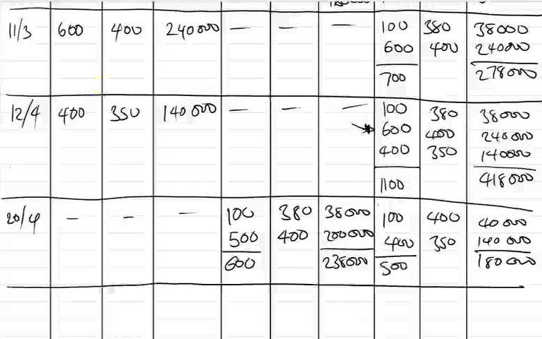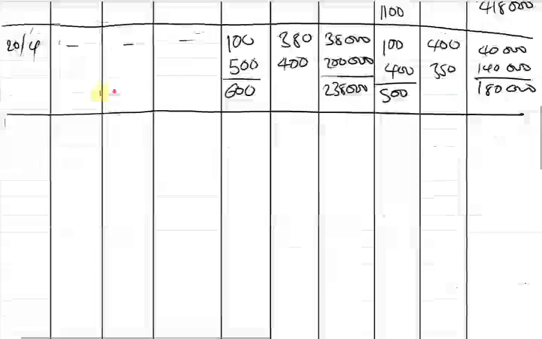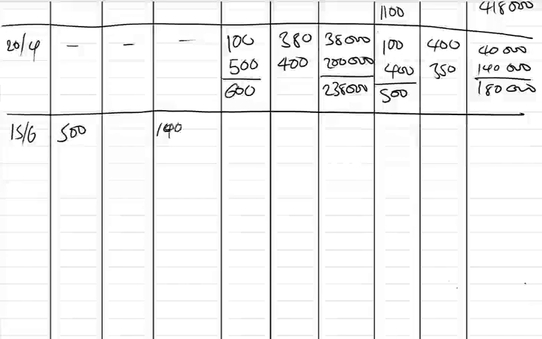Then we'll go to the next. The next is on the 15th of January. On the 15th of January, they actually purchased a new consignment of 500 at 140. So they bought 500 at 140,000. Per unit, it will give us 280. There's no issue on the same date.